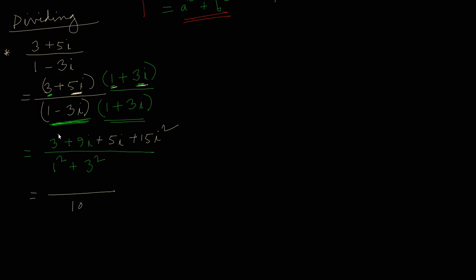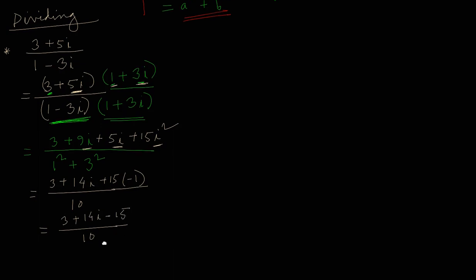In the numerator, I have 3 plus 9i plus 5i, which is 14i, and plus 15i square, and i square is negative 1. So I am getting 3 plus 14i minus 15.